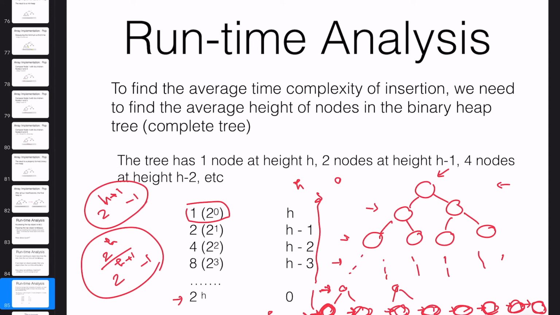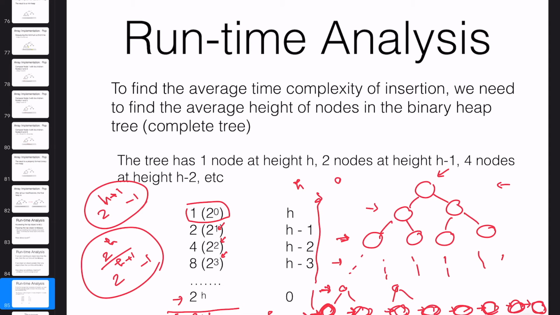It's going to be 2 power 1. How many nodes at level 2? 2 power 2. How many nodes at level 3? 2 power 3, and so on. So the total number of nodes is going to be 2 power h plus 1 minus 1.